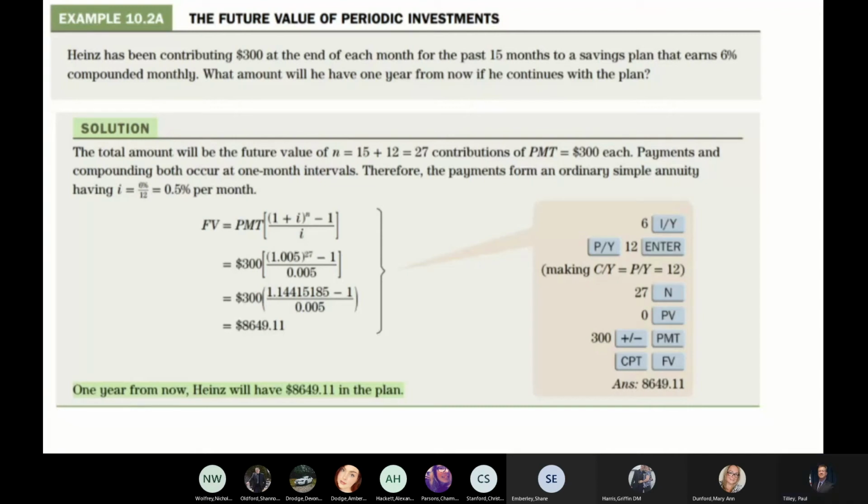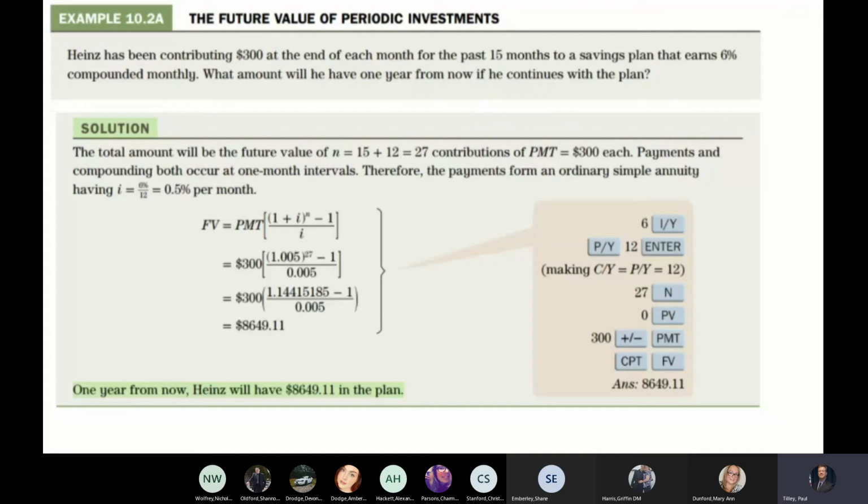So the payment is made monthly, and the compounding is made monthly. The compounding and the payment are the same. It's a simple annuity. It also uses the words at the end. $300 at the end.